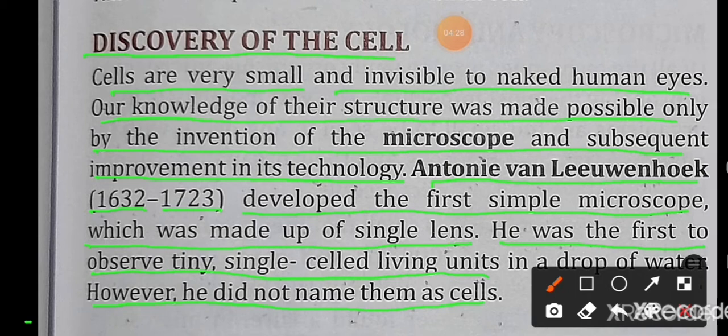It was made up of a single lens. That means Antony van Leeuwenhoek was the first scientist who observed tiny single-celled living units or organisms in a drop of water. He did not name them as cells but only observed them.